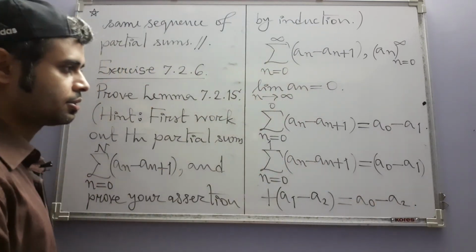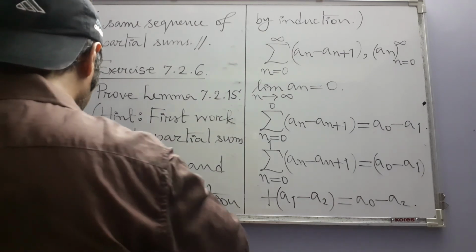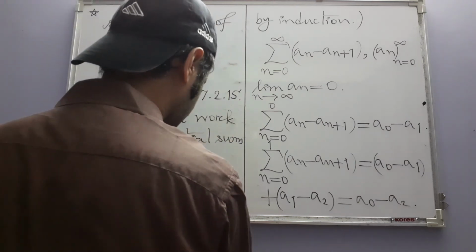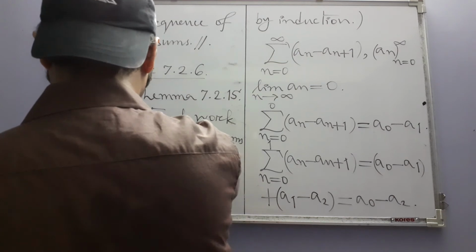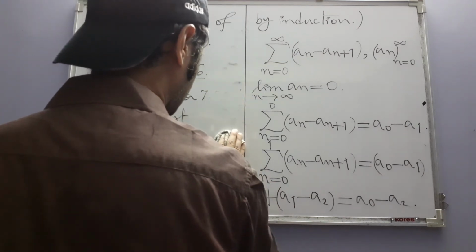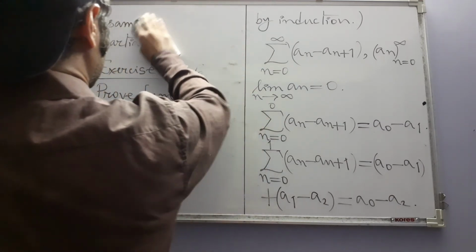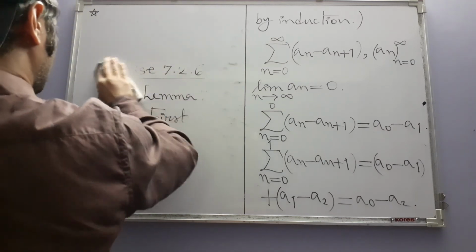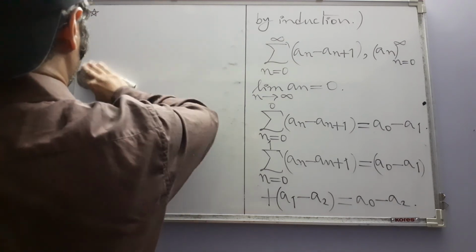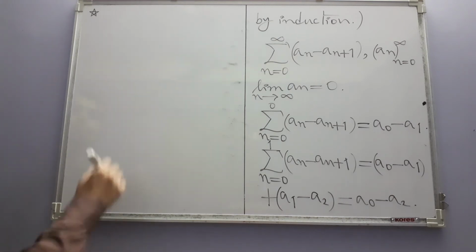Because of these cancellations, a telescoping series has a very easy sum to calculate. Not only is it convergent, but the sum is also very easy. Let's look at another one.